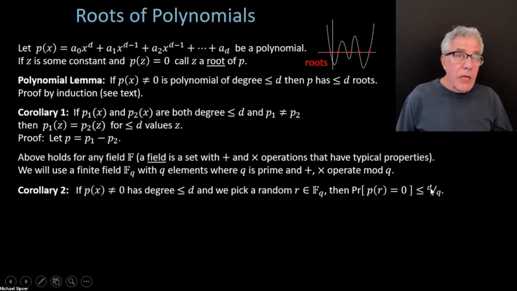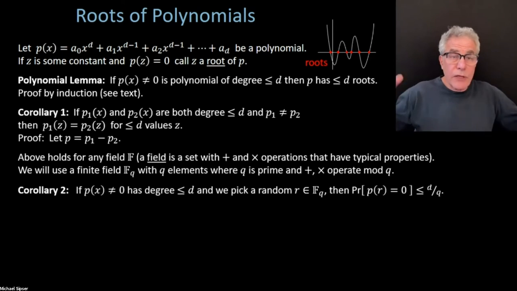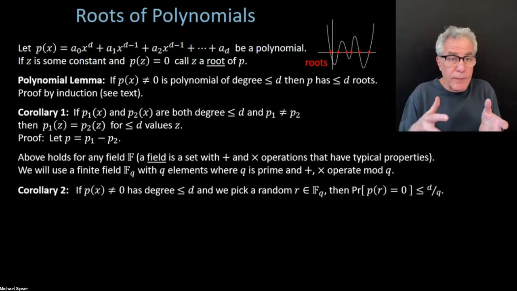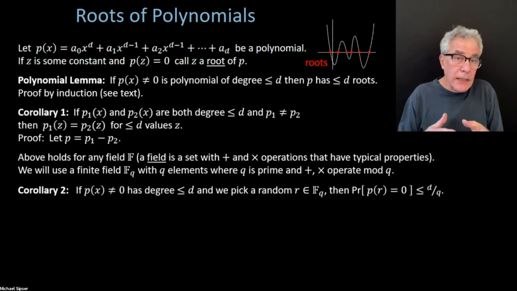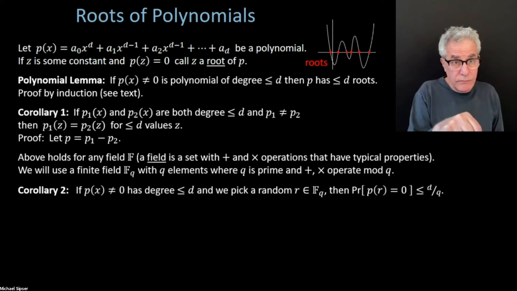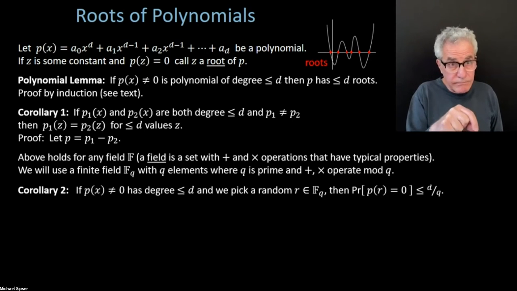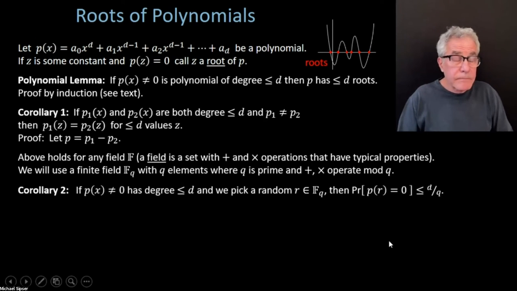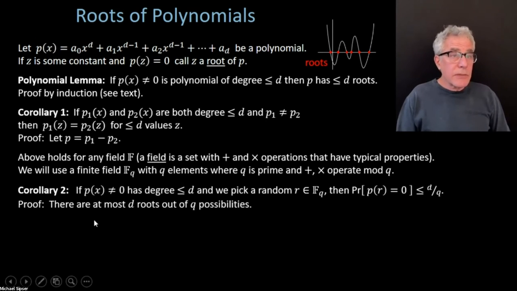Well, it's just the number of roots divided by the size of the field. So if you have this really big field and you have this low degree polynomial, it's going to be pretty unlikely that you're going to end up picking one of the zeros, one of the roots, just at random. That's all that this is saying. So there are at most d roots out of the q possibilities.